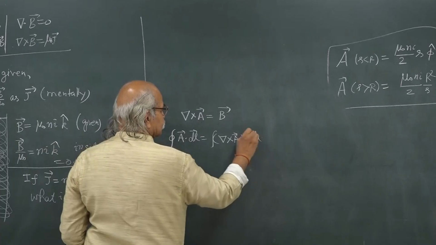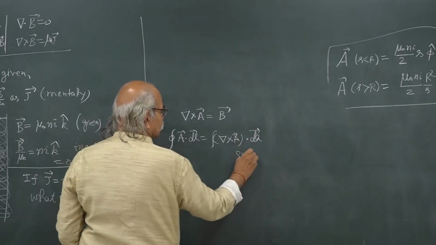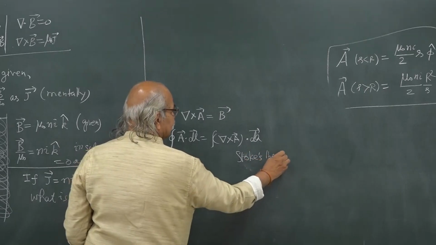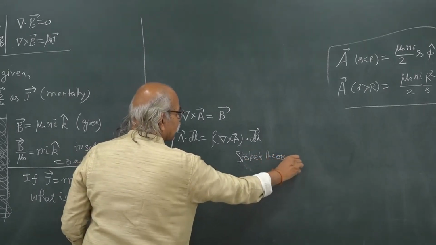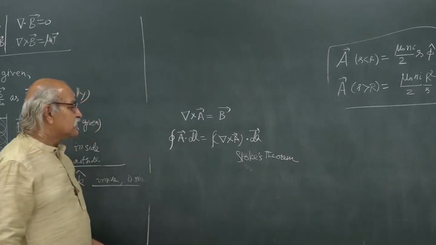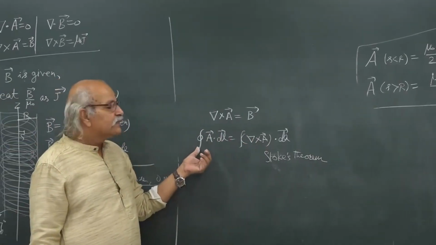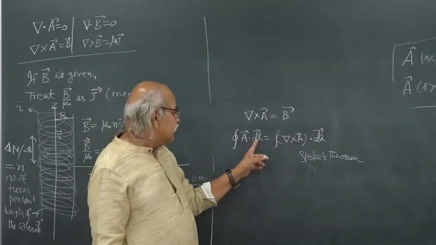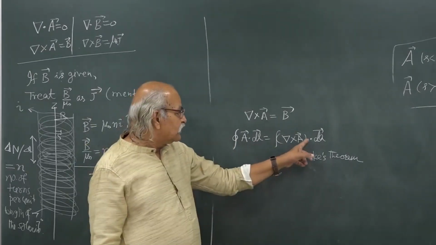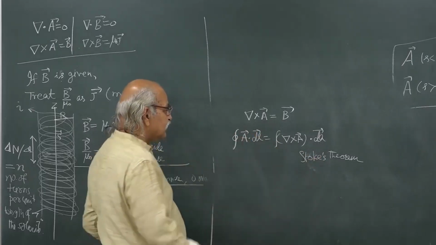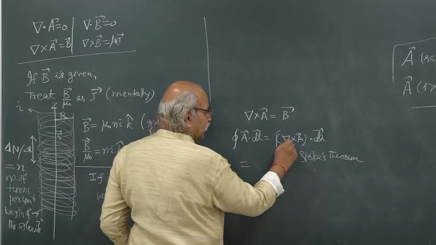Remember this, this is our Stokes theorem, valid for any vector field, no physics involved, just mathematics. Definition of all these quantities, curl and line integral, closed loops. A dot dl is equal to curl of A dot dA, Stokes theorem, valid for any vector field A, and curl of A is B.